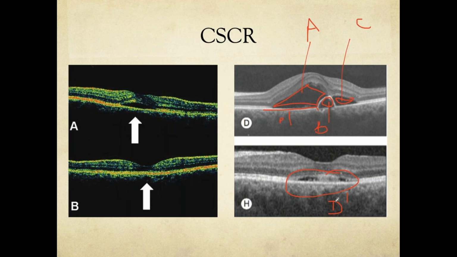What about D? Very nice, yes. Because you see a hyperreflective layer here and then a layer here. So D, you have said CSCR.